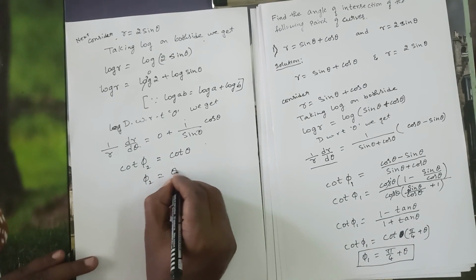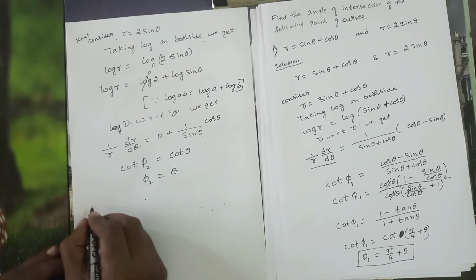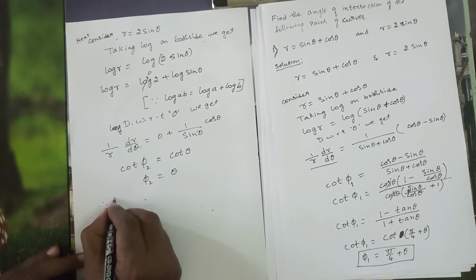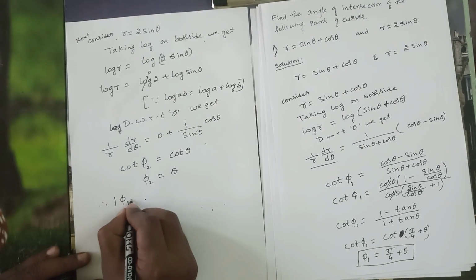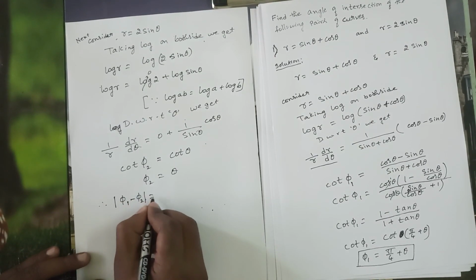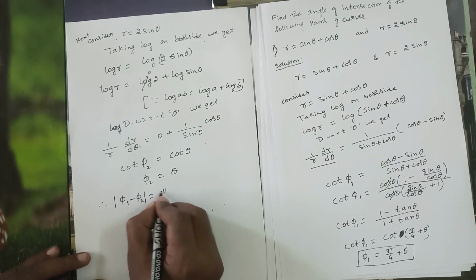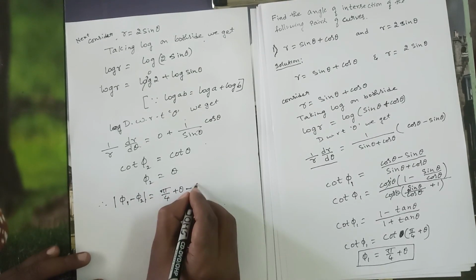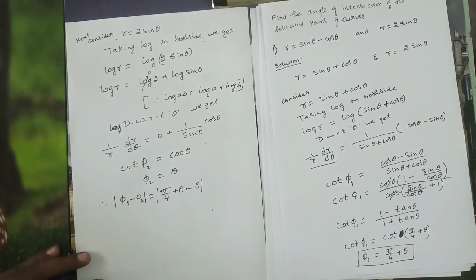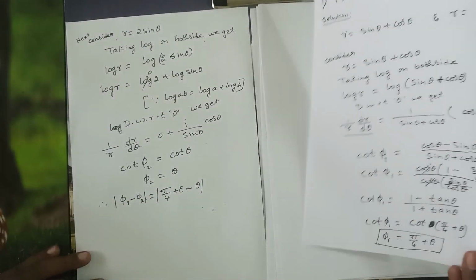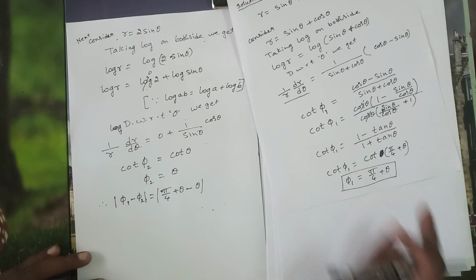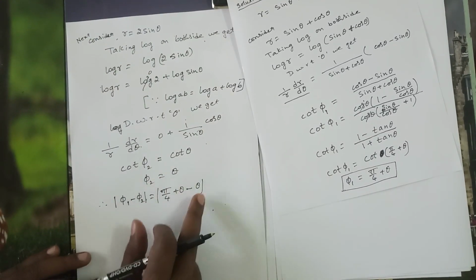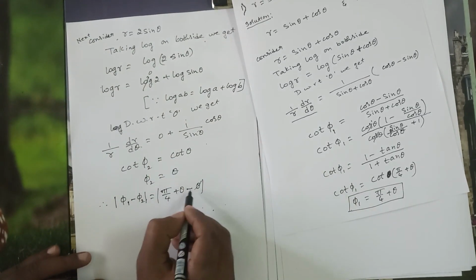So cot eliminated, phi 2 equals theta. Therefore modulus of phi 1 minus phi 2 equals pi by 4 plus theta minus theta. Phi 1 is pi by 4 plus theta, which I substitute here, and phi 2 is theta, so these two get cancelled.